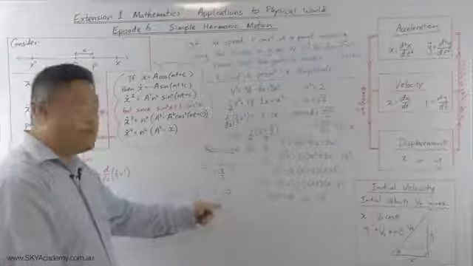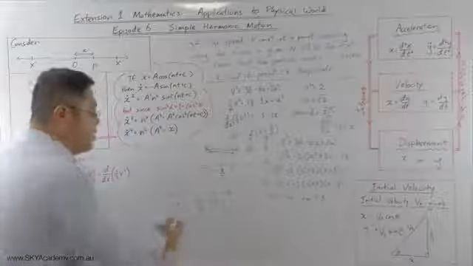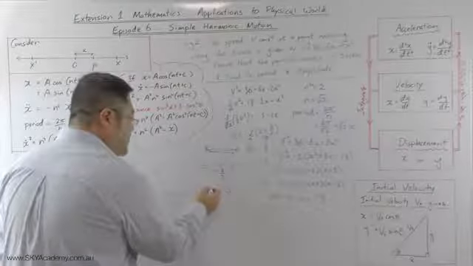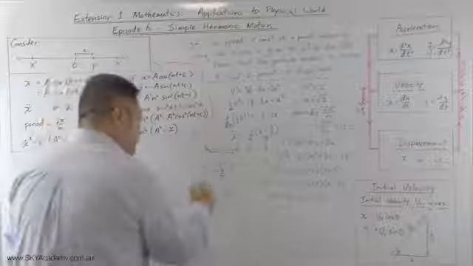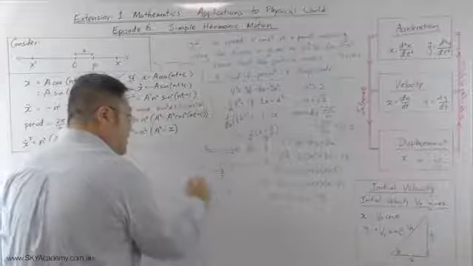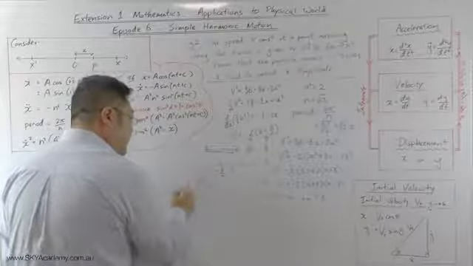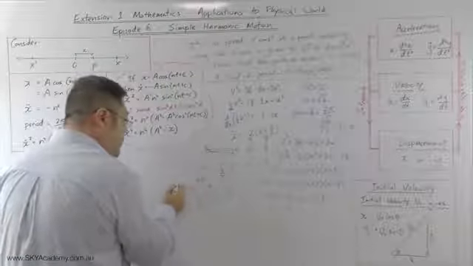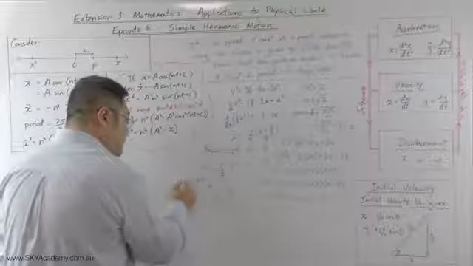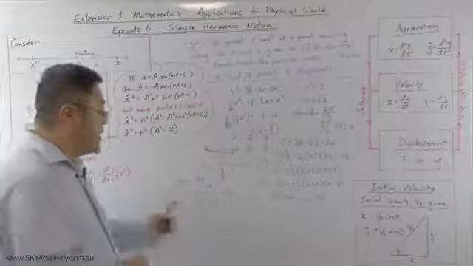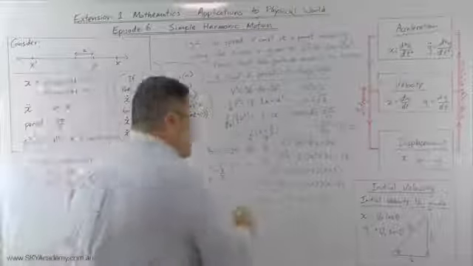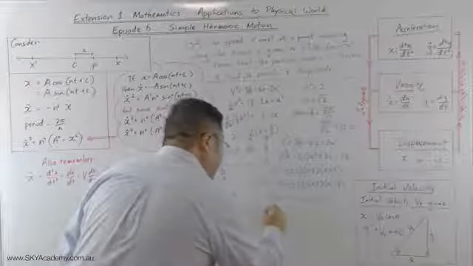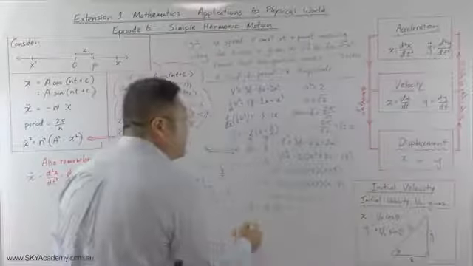You've got 3 on this side, -6 on this side. What is the distance between the center and the extreme point? It's basically 3 plus our 1.5, which is 4.5. And it's also going to be 4.5 on this side. Does that make sense? That's going to be your amplitude. So your amplitude is going to be 4.5.